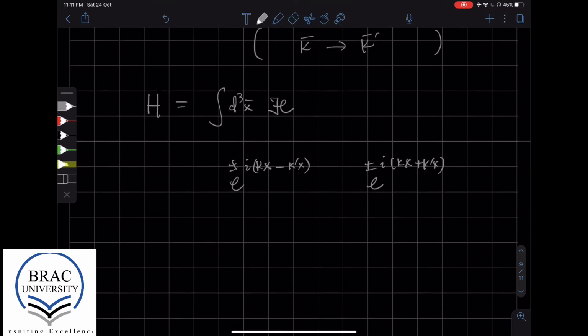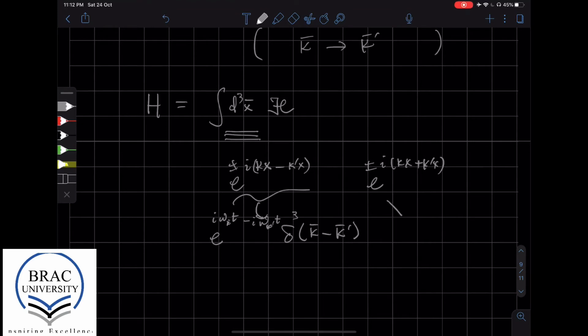And now if I do the integral with respect to the spatial part, in this term this is going to give me a delta function, a three-dimensional delta function with k minus k prime. And then it'll be multiplied by e to the power i omega_k t minus i omega_k' t.